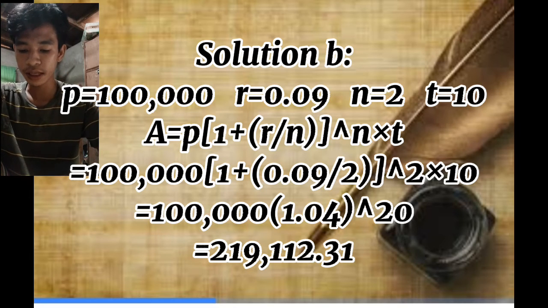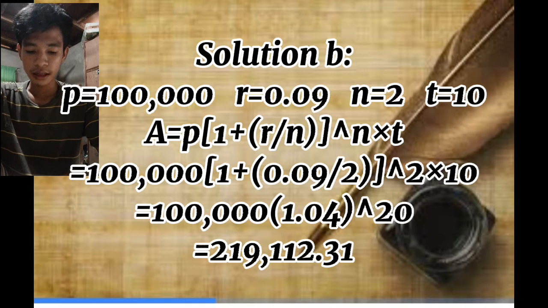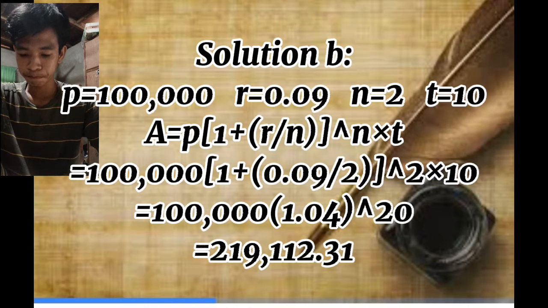So, solution B, guys. P equals 100,000. R equals 0.09. N equals 2. And T equals 10. So, guys, the value of n changed because semi-annually means twice a year, or every 6 months. So, A equals P times 1 plus r over n raised to nt. Let's input their values. We have 100,000 times 1 plus 0.09 over 2 raised to 2 times 10.